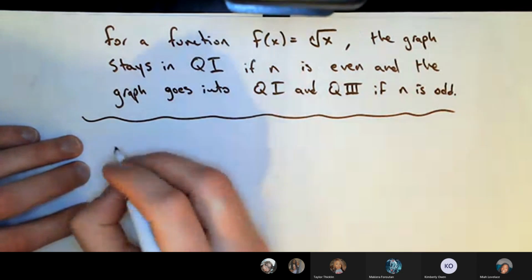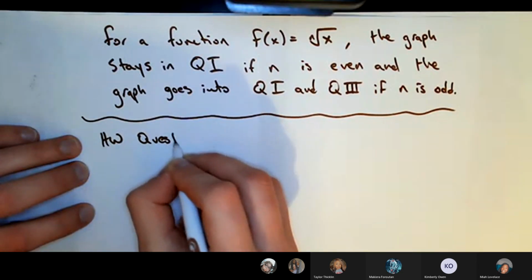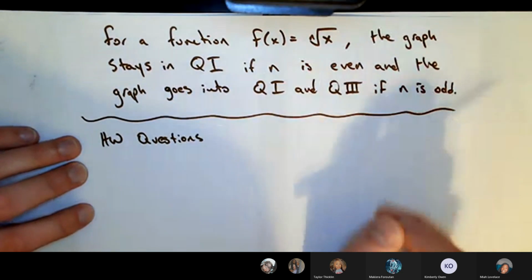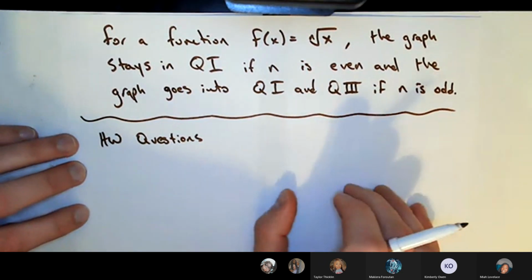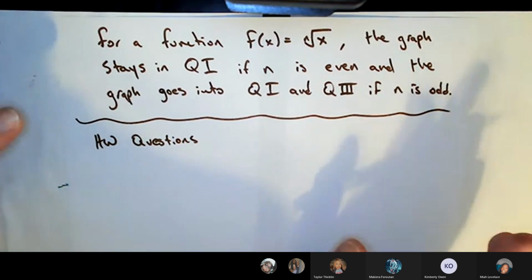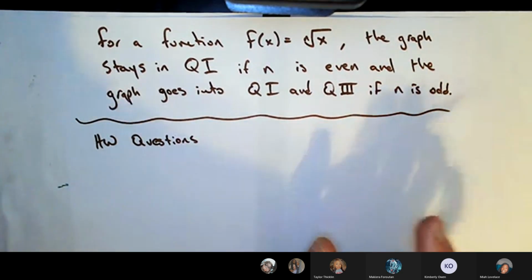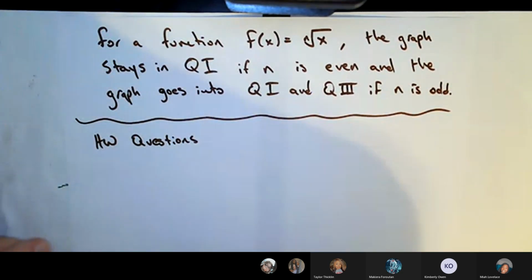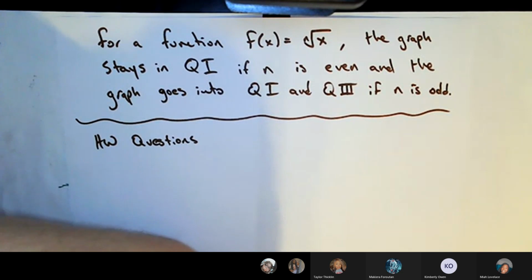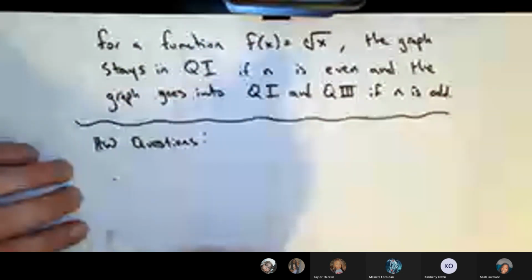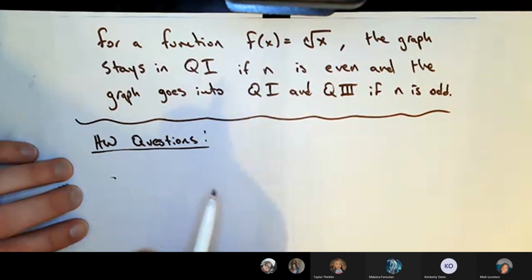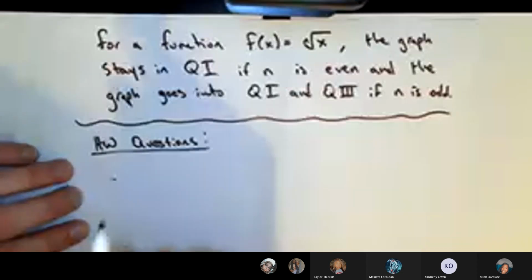And then next time we'll finish. There's one more category of graphs we need to talk about, which is the 1/x stuff, and that will conclude section 2.2. But for today, I'd like to conclude with some of these questions from the homework that you may come across that I didn't explicitly talk about so far in the lecture.